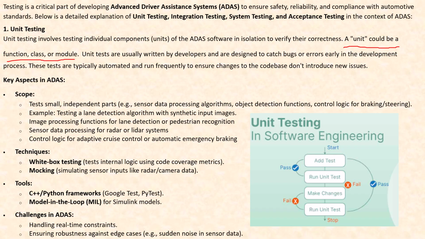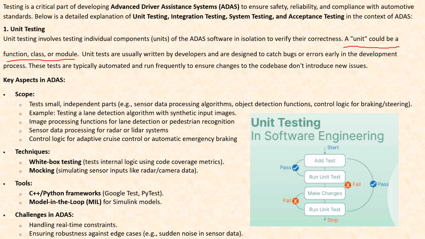So what are the key aspects? The key aspects in ADAS is it tests small independent parts such as sensor data processing algorithms and object detection functions. For example, testing a lane detection algorithm with synthetic input images.